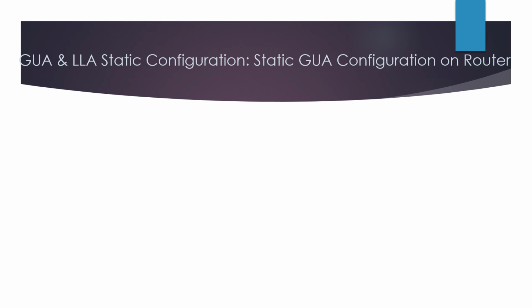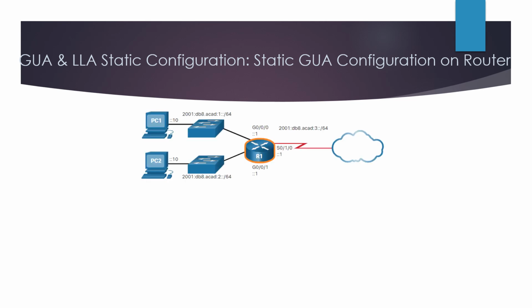The difference compared to the IPv4 counterpart configuration is that instead of using the IP commands, we use the IPv6 command. And here is an example topology with 3 subnets.